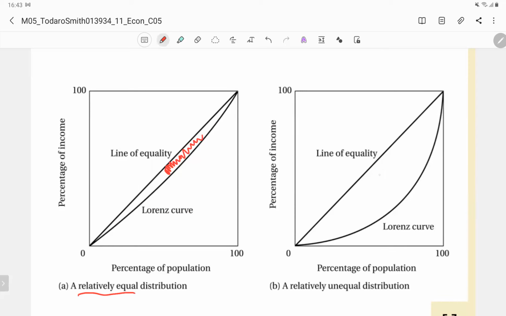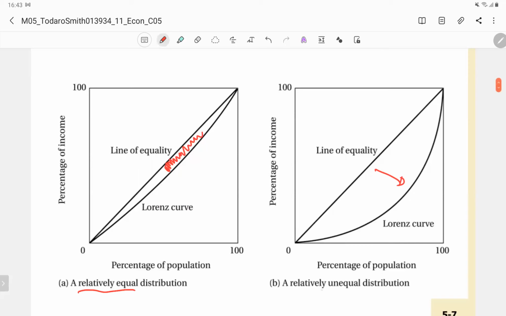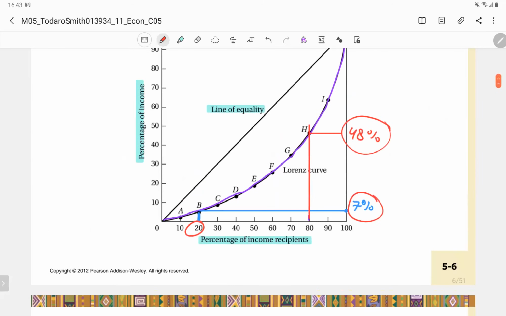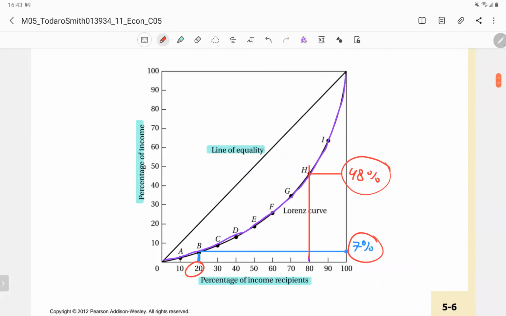Meanwhile, the farther the Lorenz curve is from the line of equality, the more relatively unequal the society is. Because this is how you read the Lorenz curve. The poorest 20% only receive about 7% of the total income. Meanwhile, the richest 20% receive about 48% of the total income.